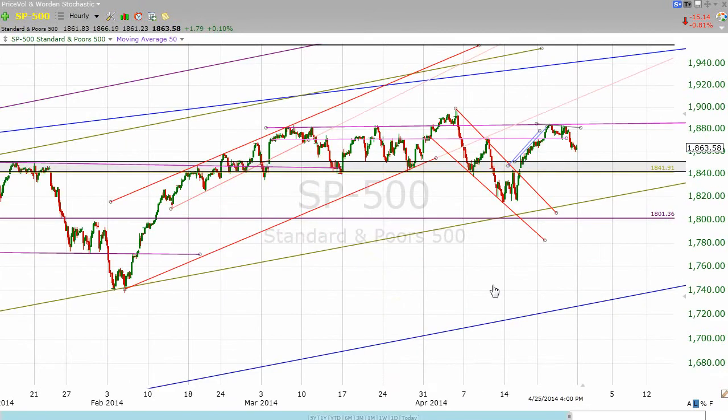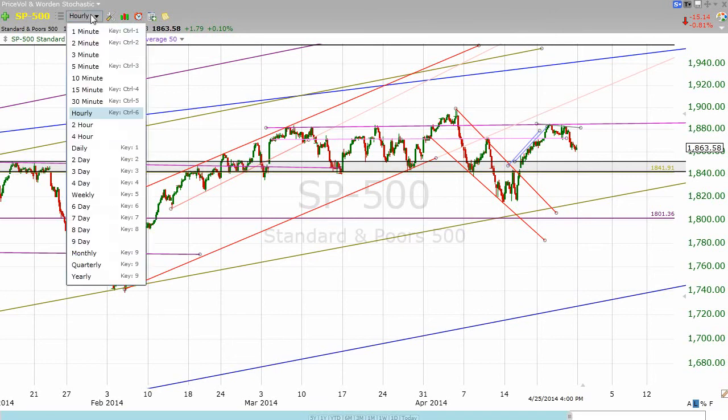We've been in this area for 9 weeks, 2 months, in this range between 1840 and 1884, with the exception of 2 days or so, the first week of April, and then again we were underneath that range for a little bit right around April 15th. Again, a few days either side of.